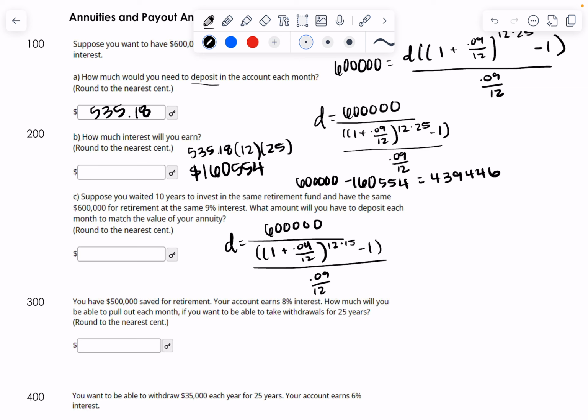So if you waited 10 years, you don't get all of that interest and all of those compounds. So you would have to put in $1,585.60 in order to have that same 600,000 by the time you retire. So it pays to start early is the point of that question.